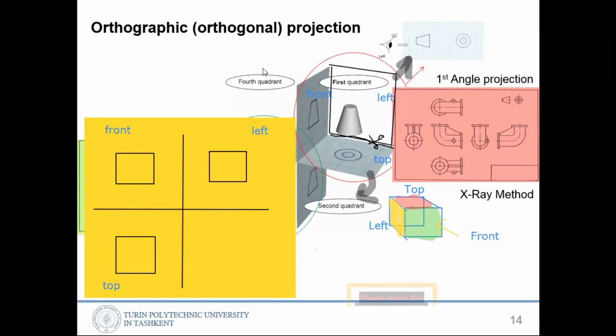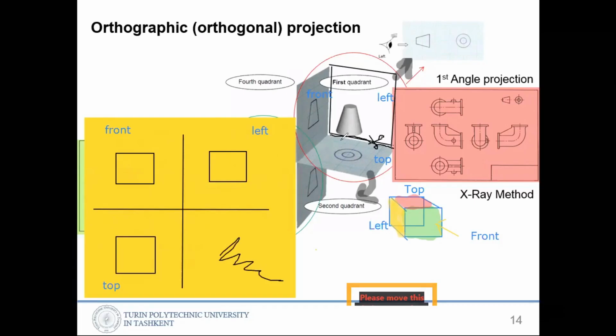So here is empty, there is nothing. So this top plane becomes here, and the front plane comes here, and the left view will be on this plane, same as the front plane here.